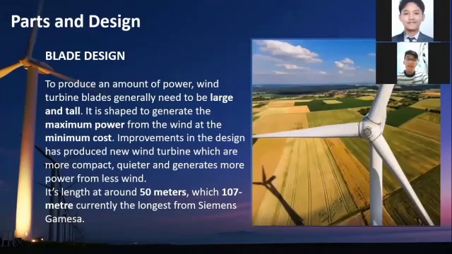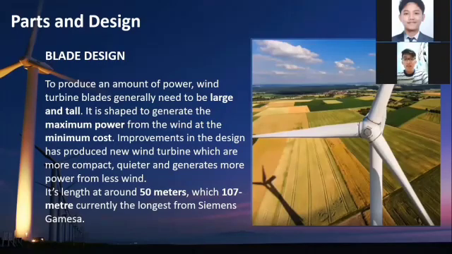Blade design. To produce an amount of power, wind turbine blades generally need to be large and tall. It is shaped to generate the maximum power from the wind at the minimum cost. Improvements in the design have produced new wind turbines, which are more compact, quieter, and generate more power for less wind.